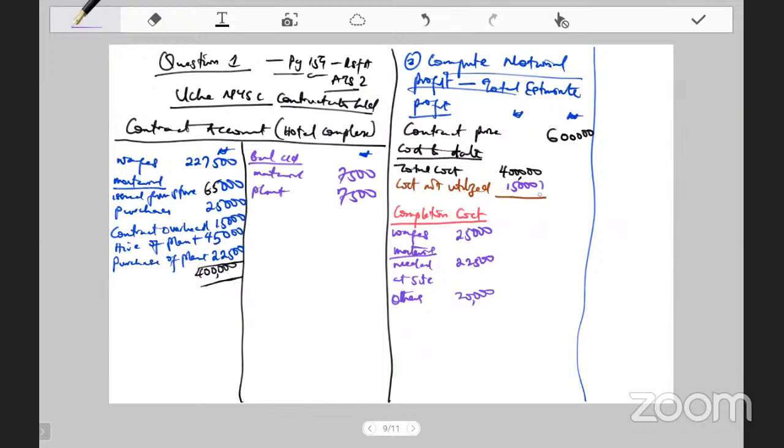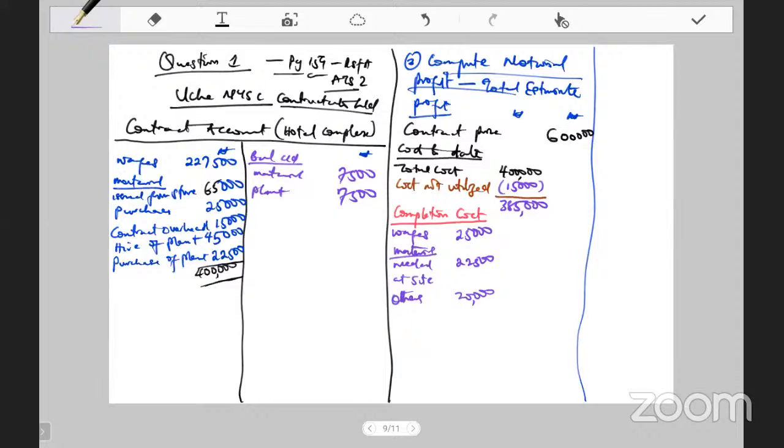So if I take away 15,000 from 400,000, what will I have left as my cost to date? 385,000. So please, can you explain this cost not utilized again?